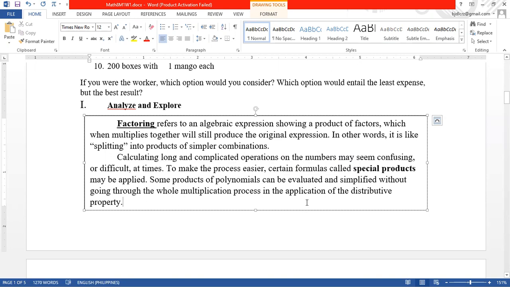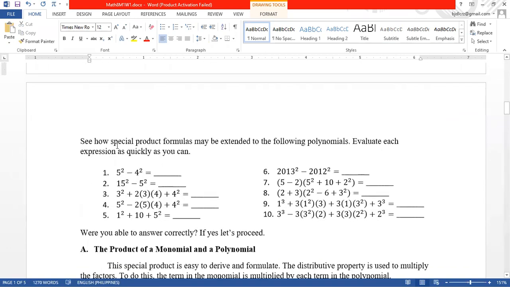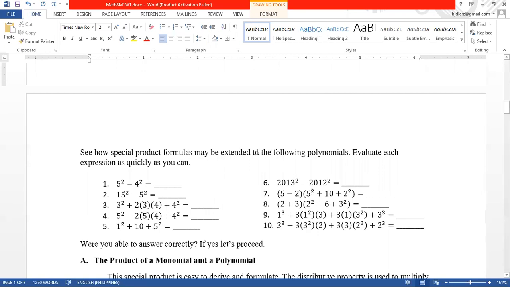So now we're going to use the distributive property in this lesson. So see how special product formulas may be extended to the following polynomials. So you're going to evaluate each expression as quickly as you can.